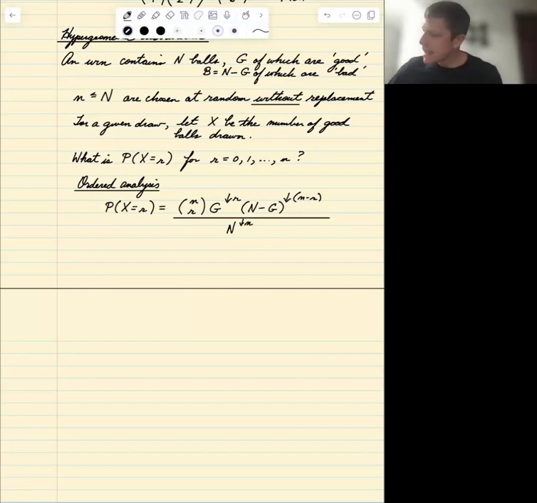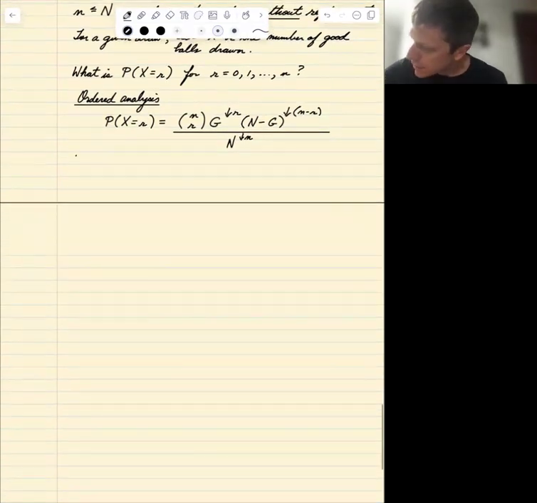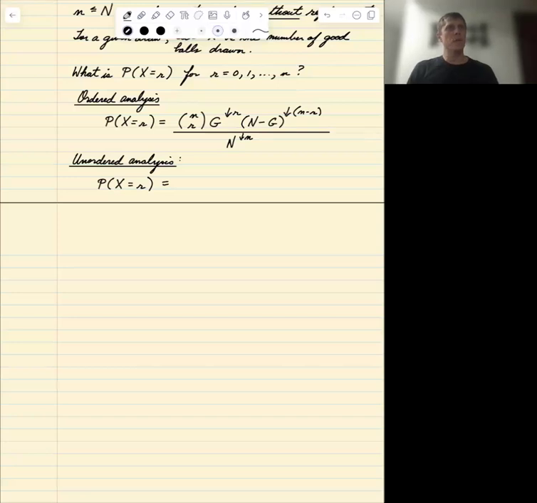Okay. In the unordered analysis, the probability X equals R. Now what we need to do is we say, well, we're going to be picking little n balls. We want R of them to be good. We want little n minus R of them to be bad. So it doesn't matter what order. So we take G balls. We have to pick R of them.